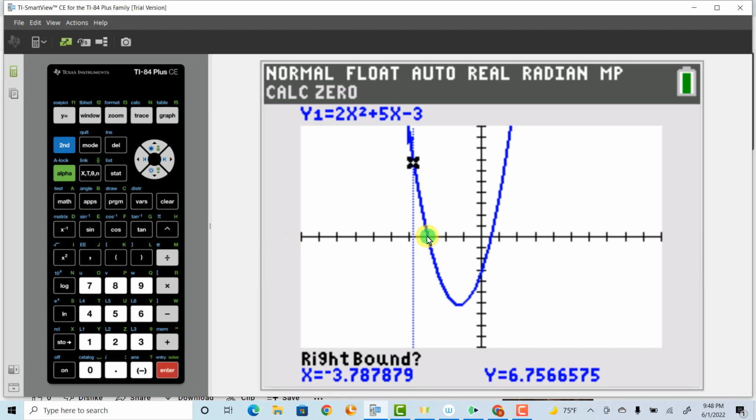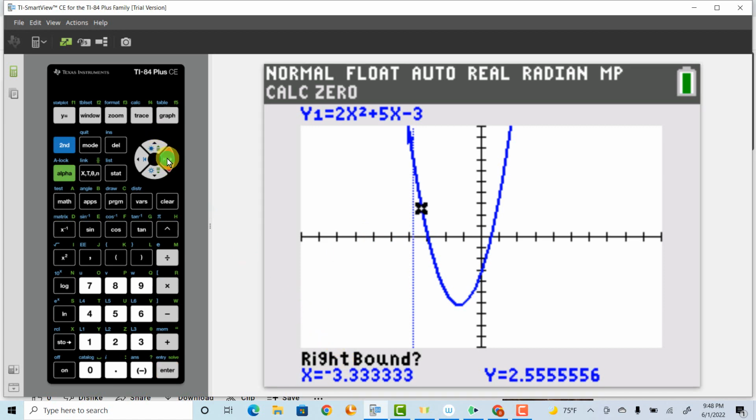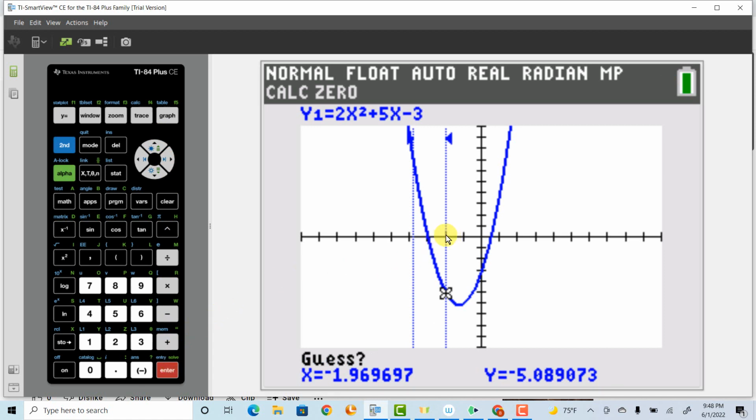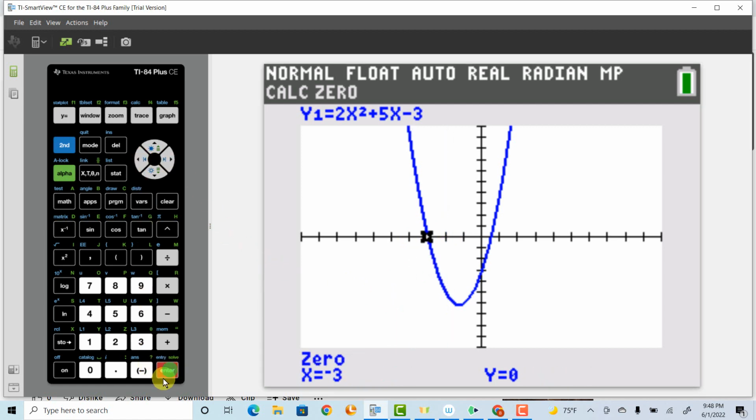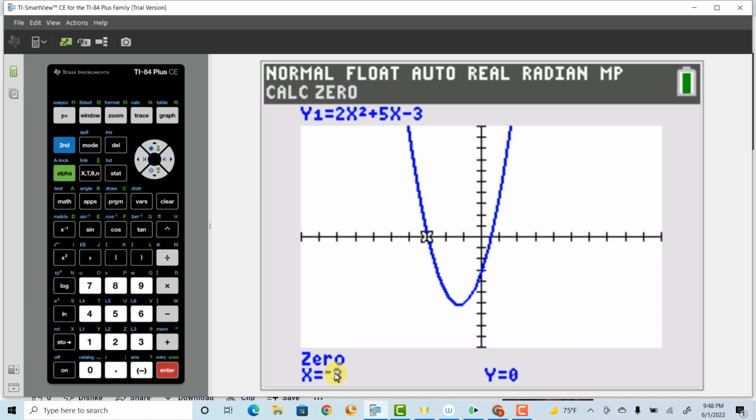So see how my little dotted line is to the left of that point. Now it wants me to move it to the right. Press enter, and sure enough, now that dotted line is to the right of that point. And then we need a guess, so we'll just move it closer and press enter. And there you have x equals -3.